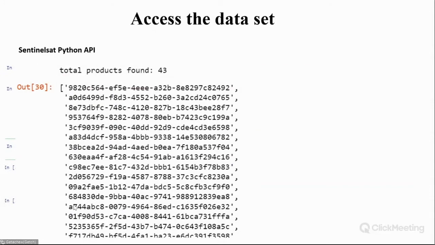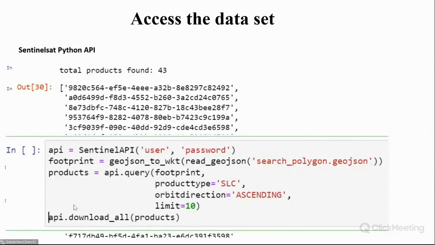For example, it tells me for a small study site, I have 43 images. As you can see from the code snippet, this package allows us to select a specific product, a specific orbit type, the number of data we need, and the area, processing level, and the time.